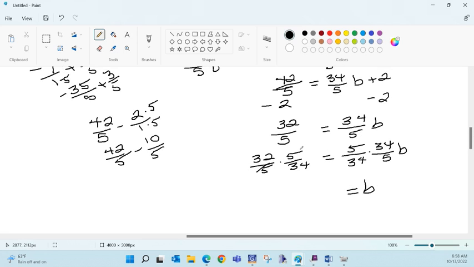My 5s will cancel out. What goes into 32 and 34? 2. So 32 divided by 2 is 16, and 34 divided by 2 is 17. So it's 16/17.